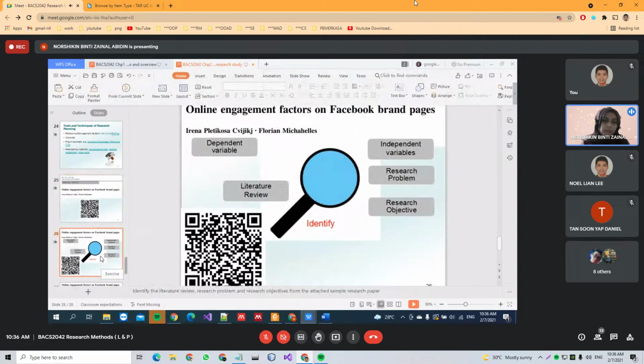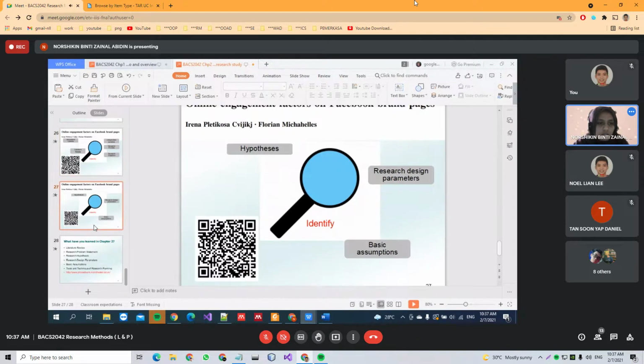And then from that paper, you can understand and learn to identify what is the dependent variable, independent variable, the research problem, research objective, and LR. And hypothesis. Yeah, you can try to scan this code.